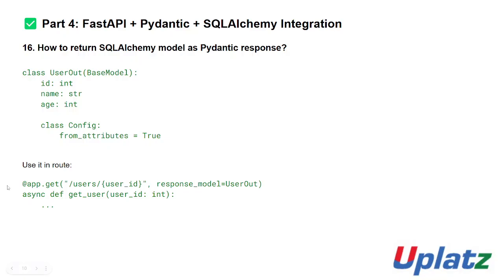Use it in a route: @app.get("/users/{user_id}", response_model=UserOut). Here is the UserOut class. Now async def get_user, id of type integer.